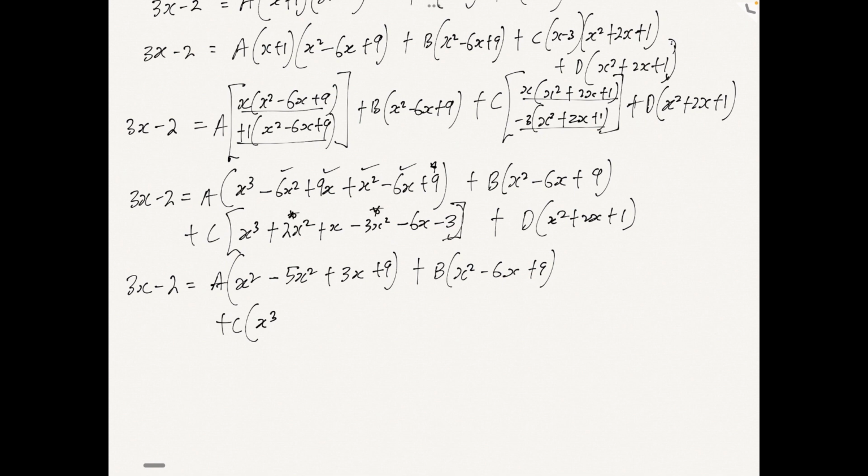So 2x squared and minus 3x squared will give minus 1x squared, and x plus x and minus 6x will give minus 5x, and minus 3, plus d into x squared plus 2x plus 1.